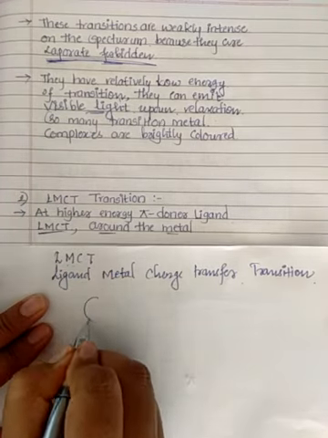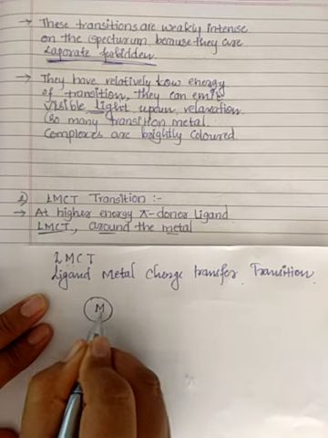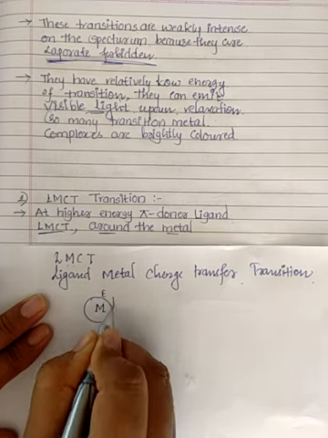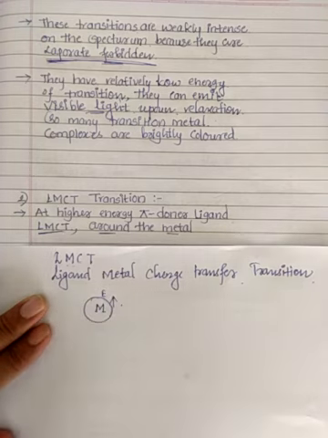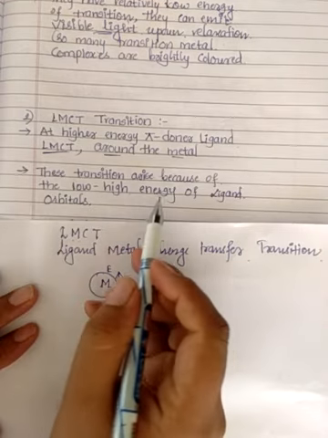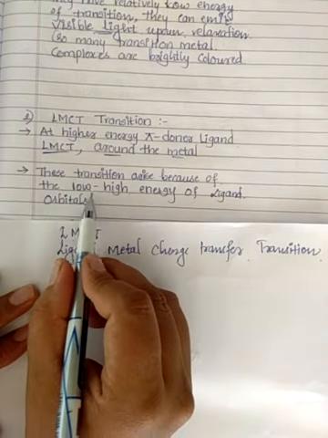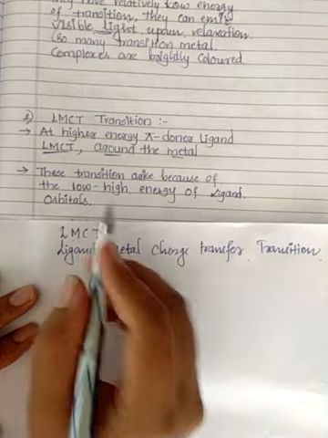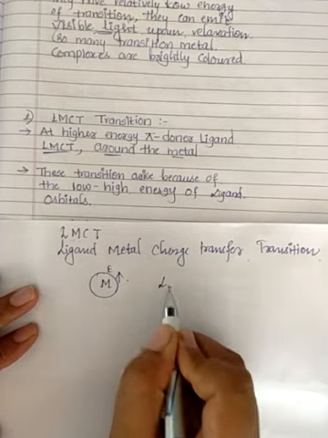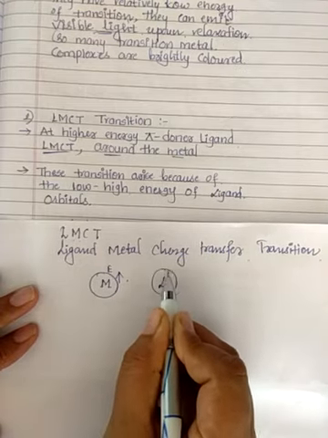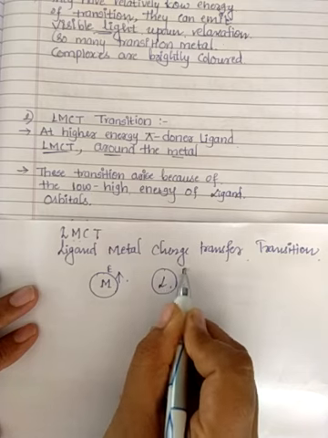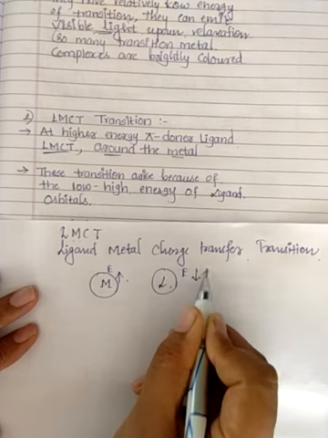At higher energy, consider if this is the metal, the energy will be high around this particular metal. This transition arises because of low to high energy of ligand orbitals. Consider this is the ligand, these are the orbitals, and the energy may become sometimes low, sometimes high.